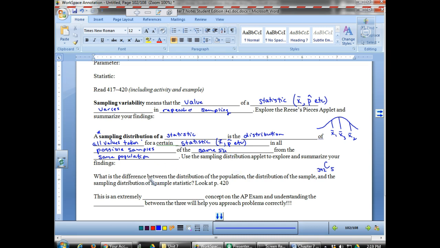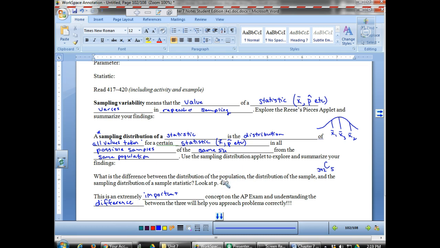Okay, so what is the difference between the distribution of the population, the distribution of the sample, and the sampling distribution of a sample statistic? This is an extremely important concept on the AP exam, and understanding the difference between the three will help you approach problems.